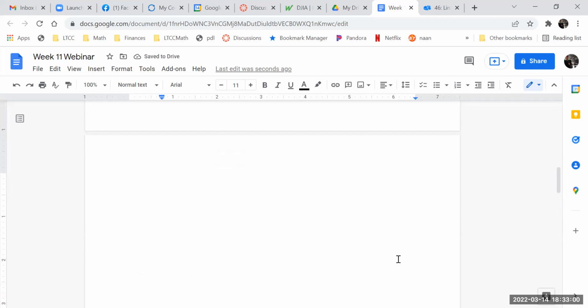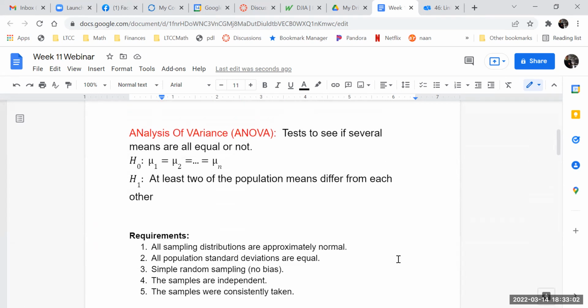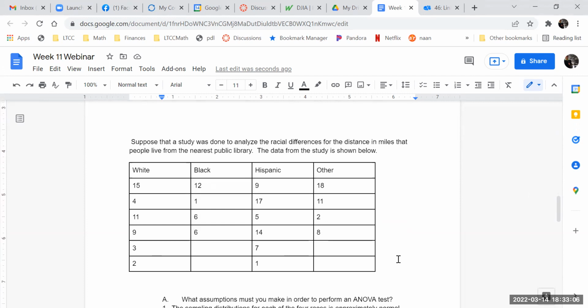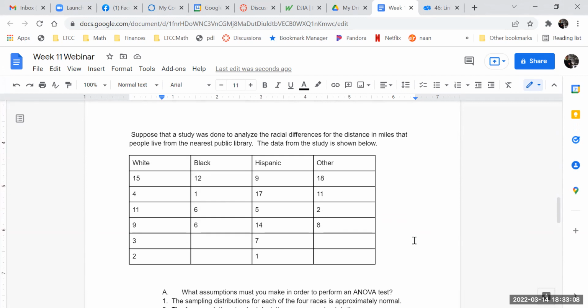Okay, let's go to the third one. Simple random sample, no bias was done. Based on what this said, a study was done. All it says is that. Do we know that there's no bias? Yeah, there might be some bias.